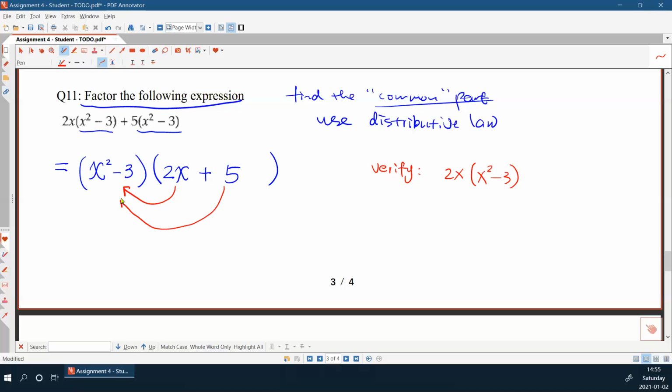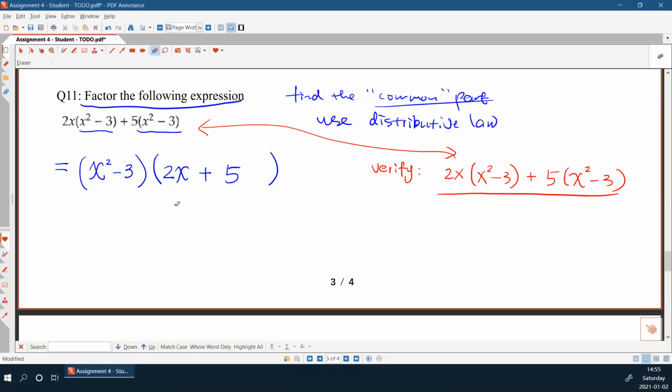And according to the distributive law, the second term gives you 5 times x squared minus 3, right? This should be equal to the original expression. Okay, apparently these are the same expression. So that means this step is correct. Okay, now you can proceed.